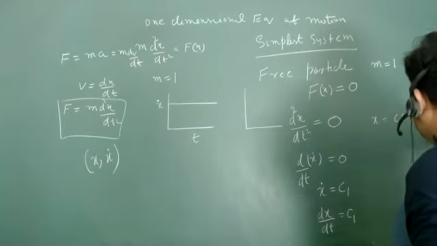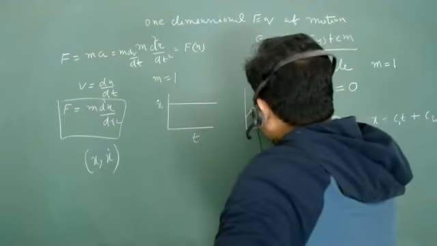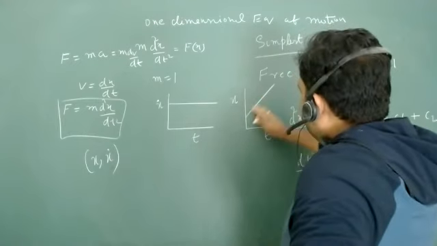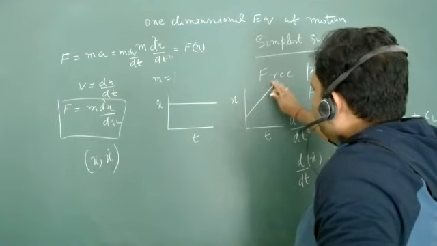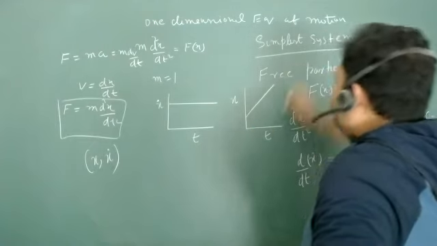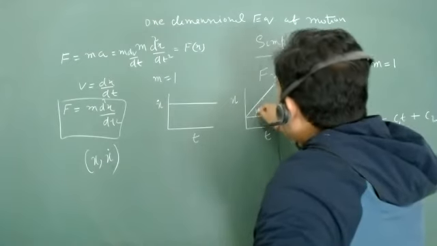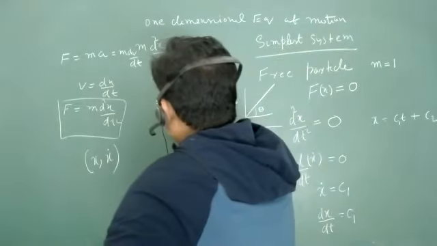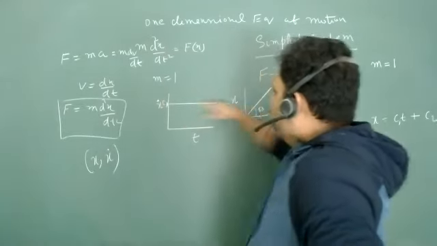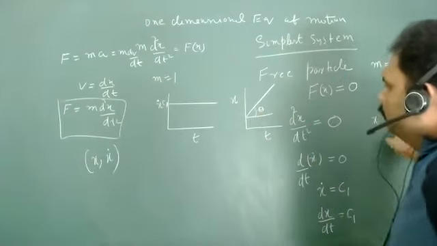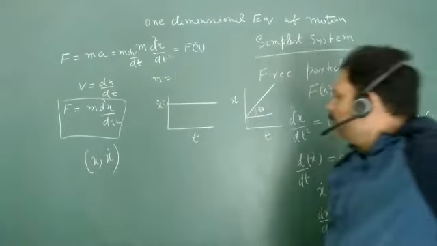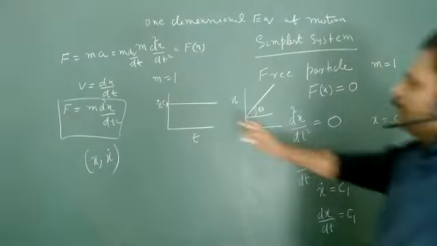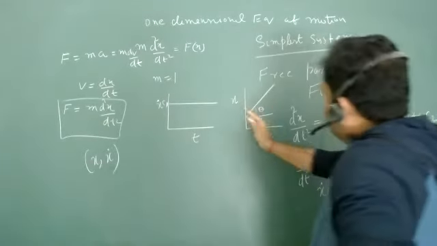At t is equal to 0, we have some value c2. So this will be a straight line. Every time the position of the particle changes, and it is moving linearly. The angle theta is constant, and tan theta is nothing but this c1. Are you getting this from the straight line equation? This is x, so this is how your position varies with time.